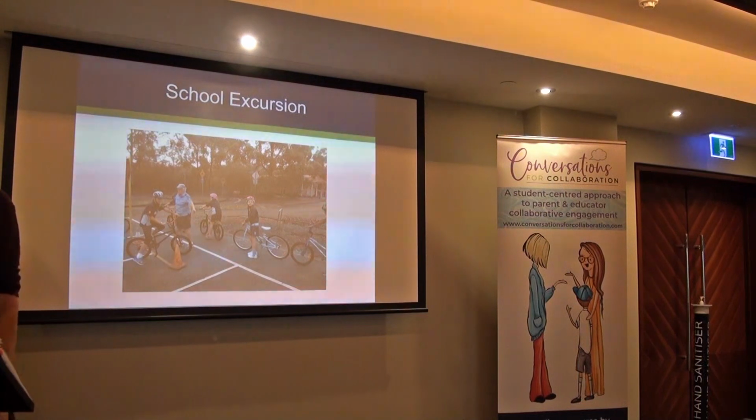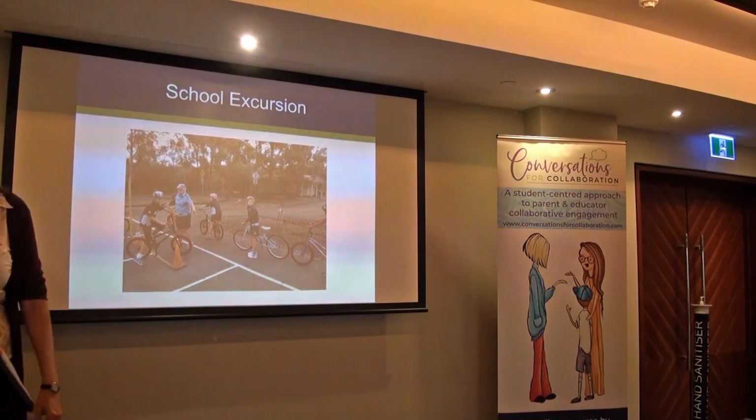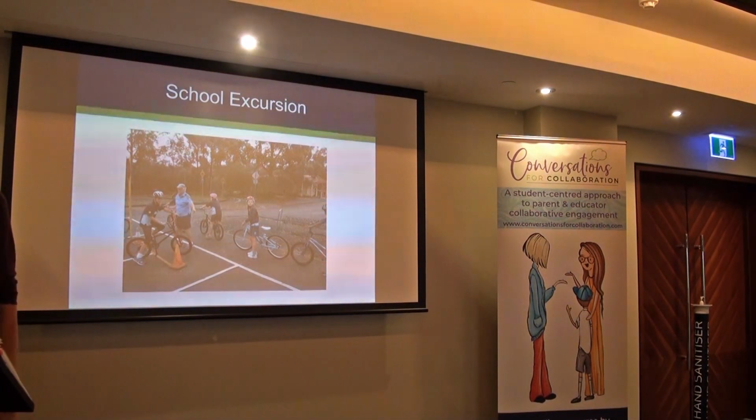School excursions. That's a tricky one. You have to figure out what an excursion involves. What are the barriers my child is going to have to actually participate fully in the excursion? This was the bike safety one that they do at the police center, and the barrier was that Grace was going to be on a non-geared bike that they had there, and she was actually quite confident on her own bike.